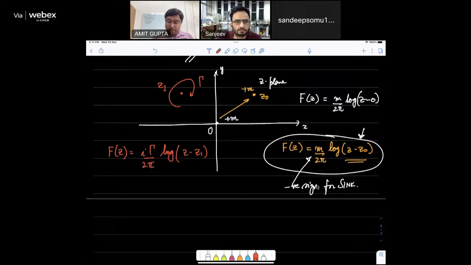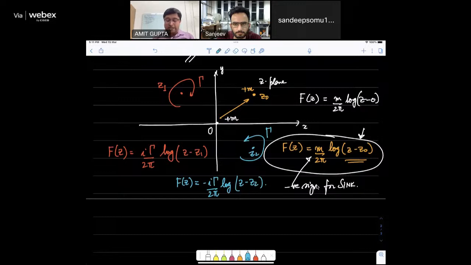That becomes the complex potential for a vortex located at point z1. And if it was a counterclockwise vortex, maybe somewhere here, gamma at maybe point z2, then we'll have f of z to be minus i gamma by 2 pi log of z minus z2.